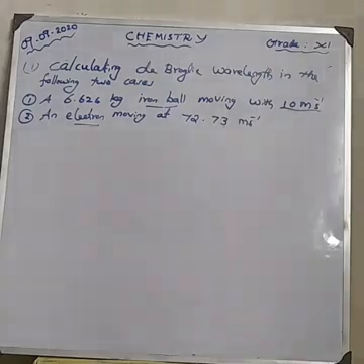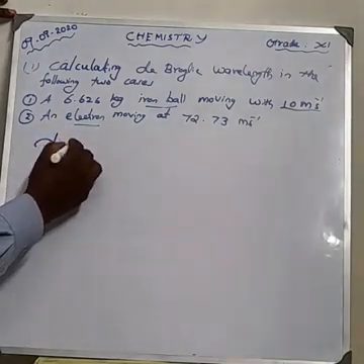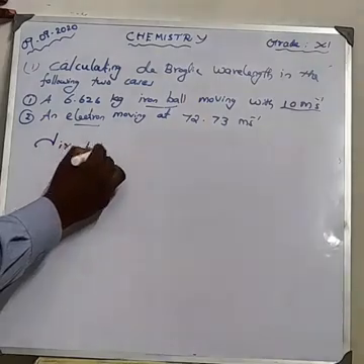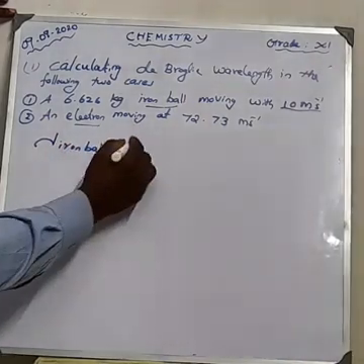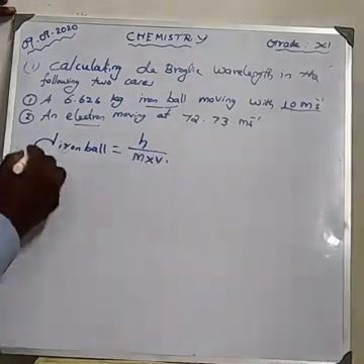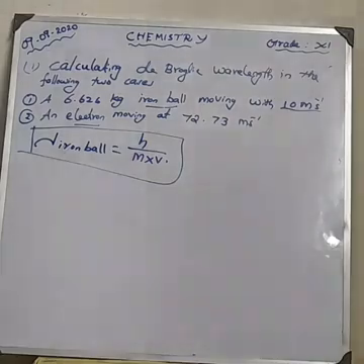First you write the formula: lambda for iron ball is equal to h by mass into velocity. This is the formula. You should write the data.